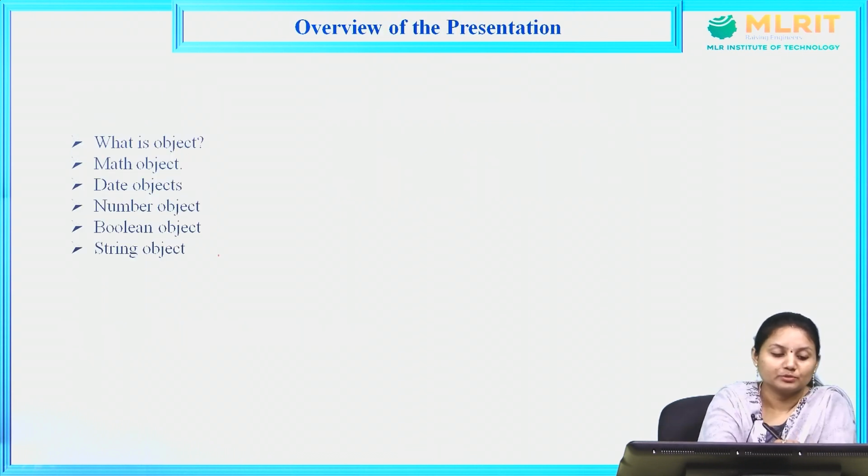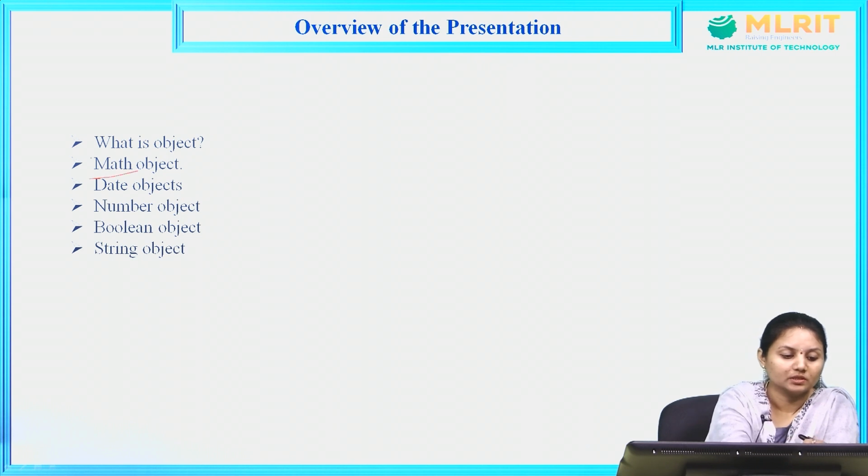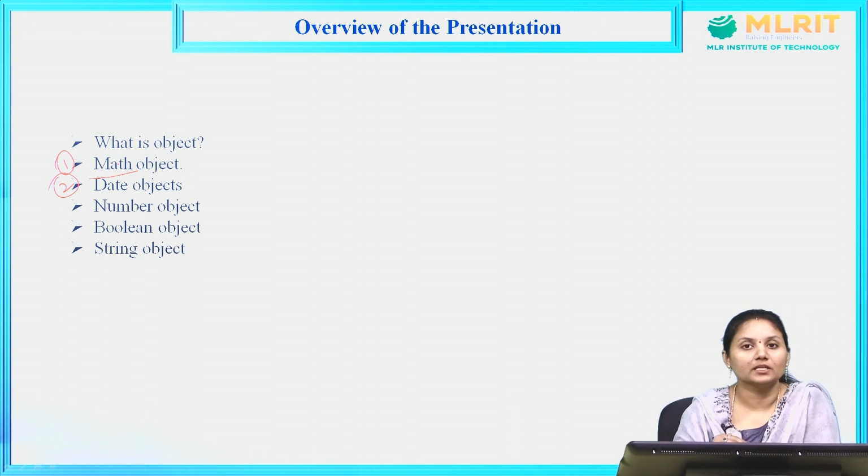There are different types of objects. The math object handles all the mathematical calculations, like how to apply square root, how to apply logarithms and so on. Similarly, the date object gives the date, month, year and also time with standard Indian time. Like that we have different date objects.